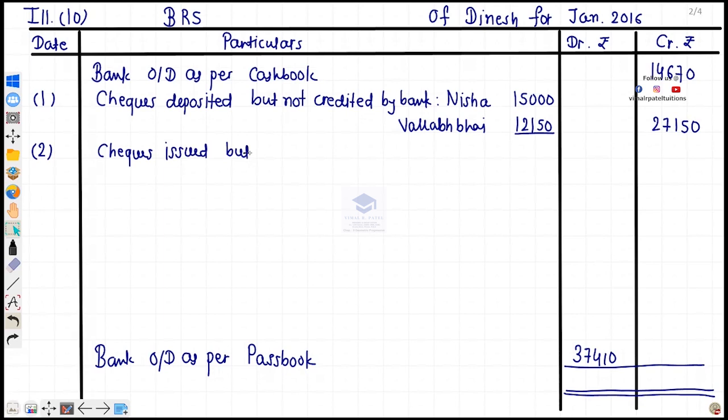Then on credit side of cash book, check issued but not debited by bank, or check issued but not presented for payment, one and the same thing.